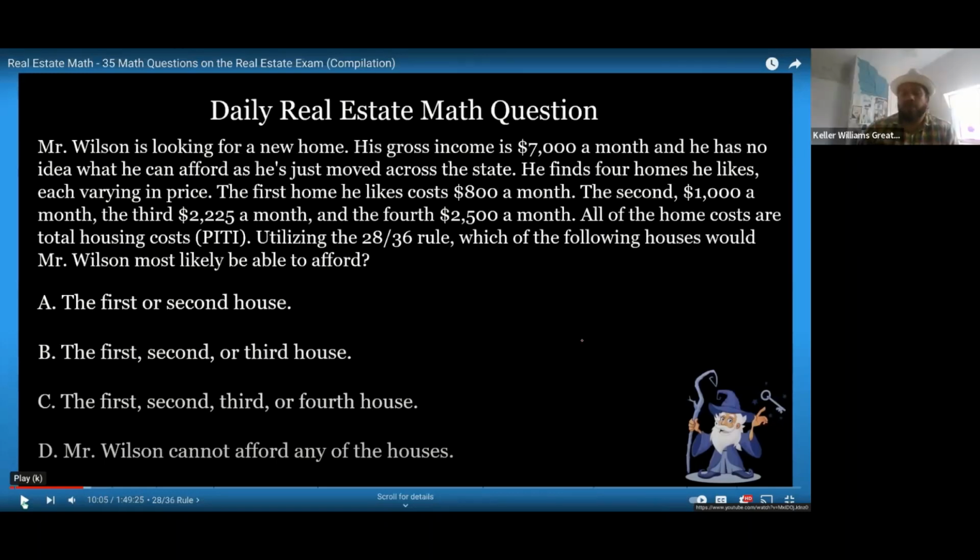How is the total 2,750? Oh wait, you said the 7,000 a month for the income times 0.28. Oh, 1,960. Yeah. I pushed the wrong button. Okay.